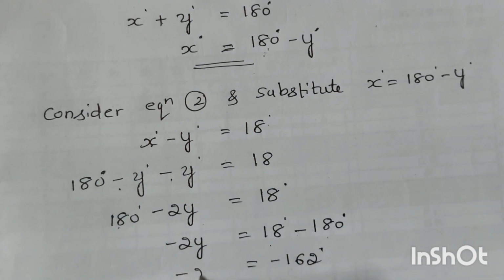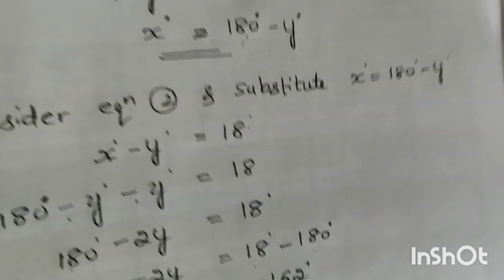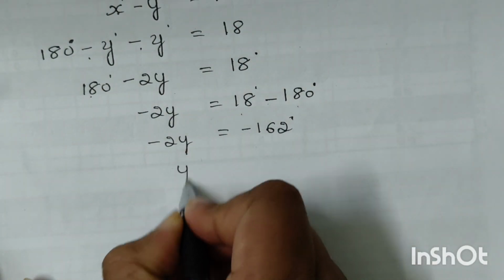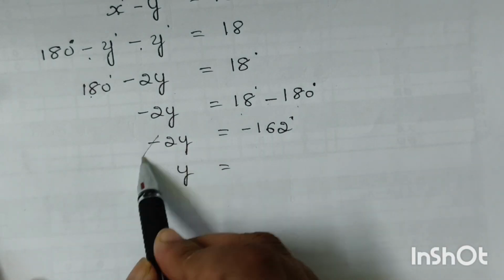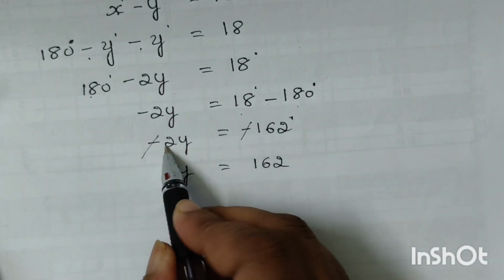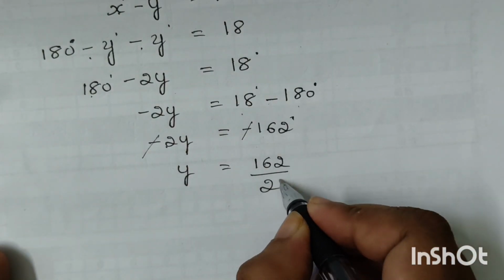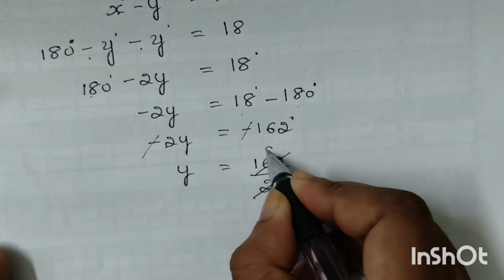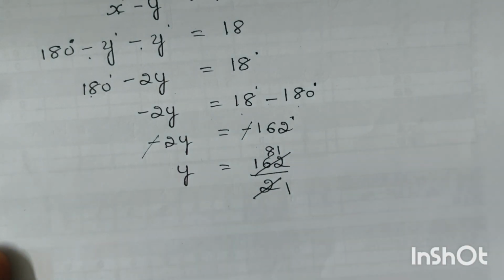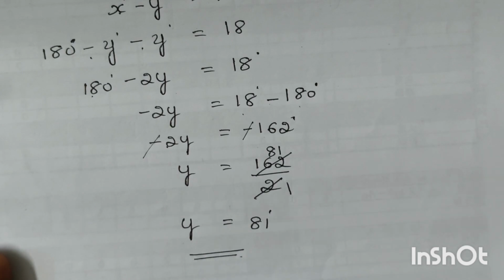Minus 2y is equal to minus 162 degree. y is equal to, minus minus will cancel, 162 divided by 2, because when the 2 crosses, it becomes divided by 2. 2 ones are 2, 2 8s are 16, 2 ones are 2. That is y is equal to 81 degree.